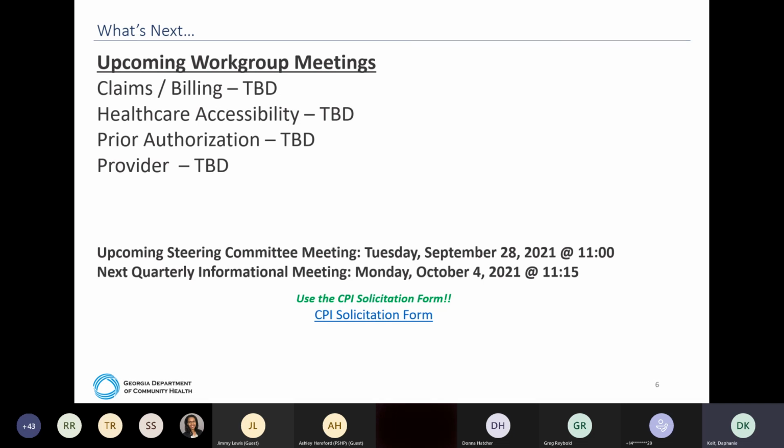For claims and billing and prior authorization, those meetings are scheduled to happen this week. However, on the claims and billing side, we have not captured enough information, I believe, to have a full discussion. I have not yet canceled the meeting because I'm still looking through some of the data we have, but it is possible that meeting may get canceled because there's not really enough to move forward with.